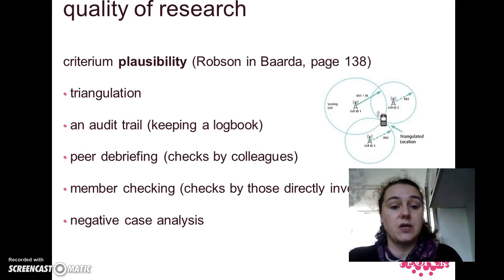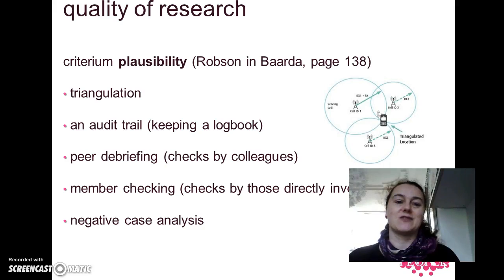So in your discussion, discuss the negative cases, and your conclusions based on the positive cases will be stronger. Yes. So these are five important criteria in terms of quality of research.